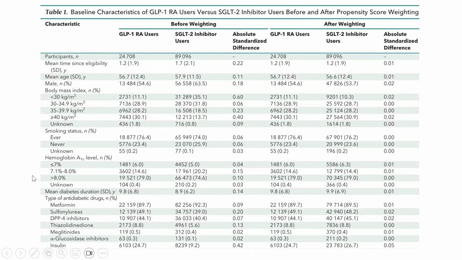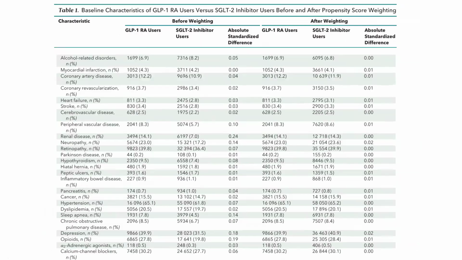And next is the anthropometric and behavioral risk factors like their BMI, the smoking status, and use of alcohol. And they also have proxies for diabetes mellitus severity, like the HbA1c level, the diabetes duration, the types of OHA used, and whether the patient had any microvascular as well as macrovascular complications. They have also looked at comorbidities which might delay gastric emptying.